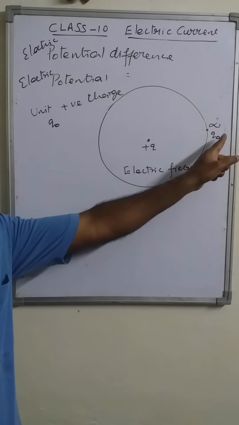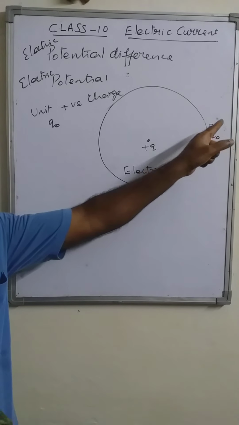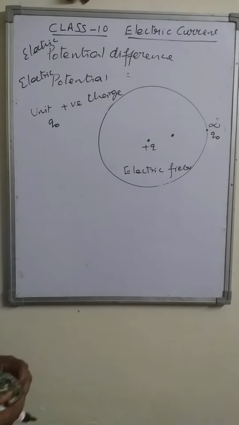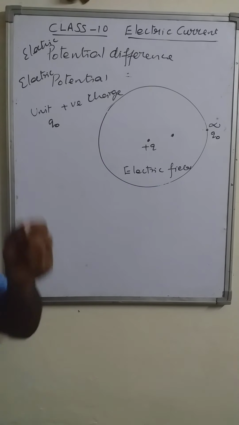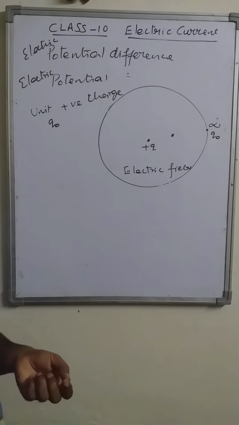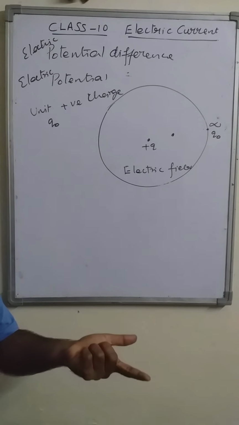If we want to bring it from infinity to any point inside the electric field, definitely work has to be done. The force is to be applied. When we apply the force, work is done.